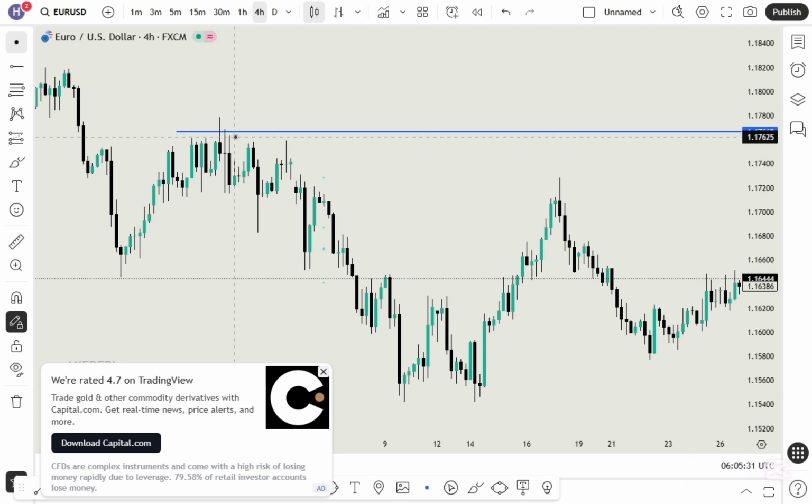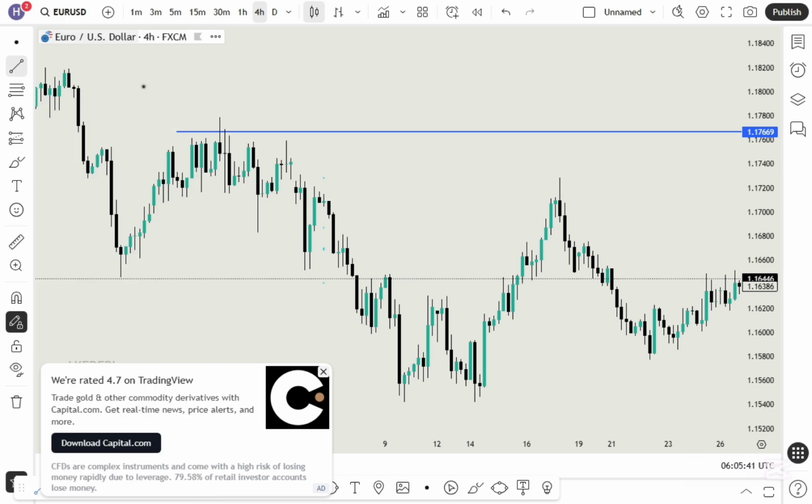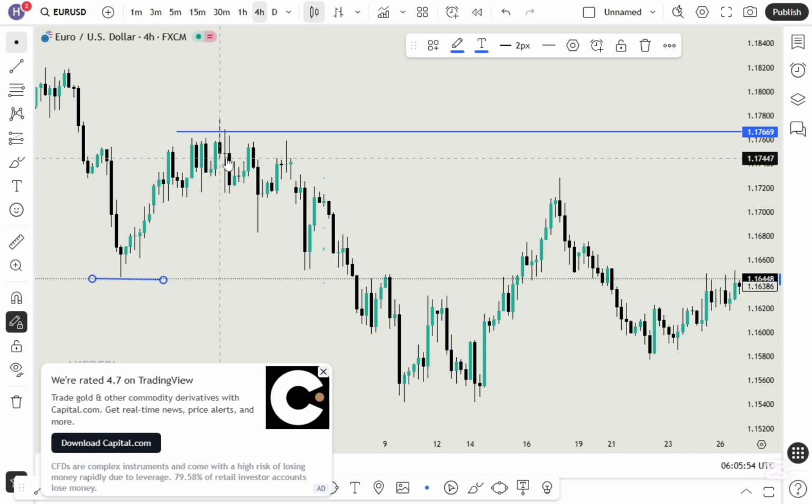These are for buy stops, and we also have these for sell stops. This zone here also acts for sell stops, while this acts as buy stops.